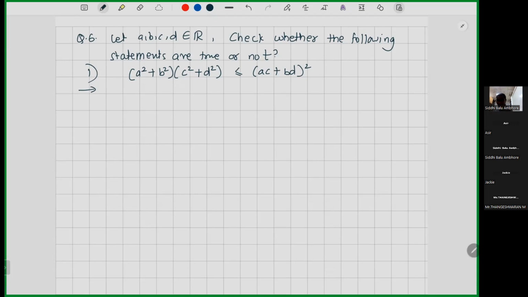Choose A, B, C, Ds which will give us a contradiction. So that is the hint. So I can take D equal to minus C. D is equal to minus C. In that case, what will happen?